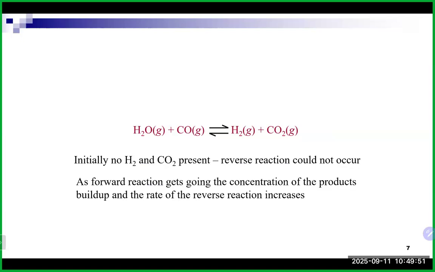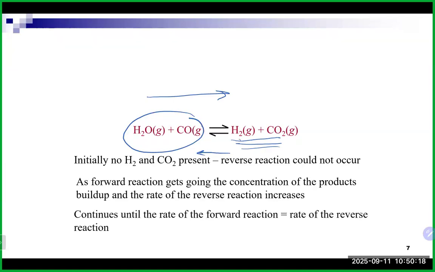So for example here, initially in this reaction, we have no H2 and CO2 present. As I mentioned before, if you're really starting with all reactants, the only option for this reaction is to kick off the forward direction. As we saw in that graph, eventually you'll build up enough products that the reverse reaction starts to increase.